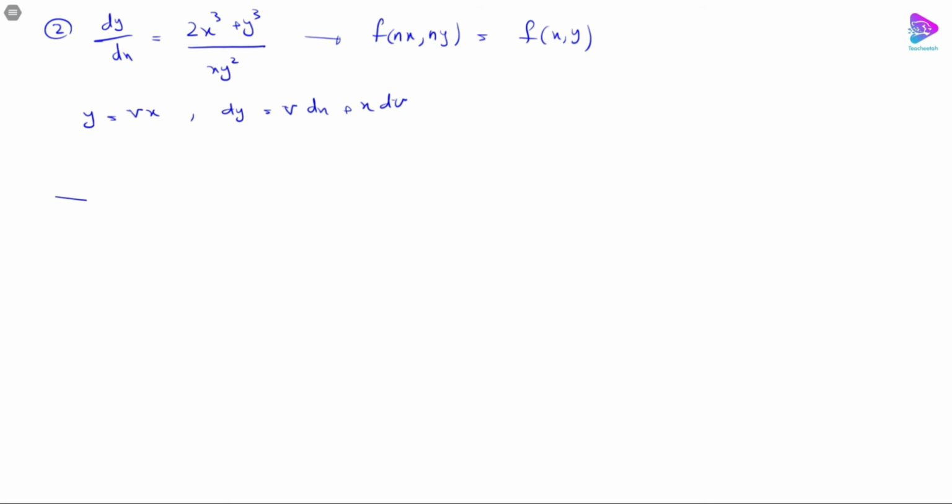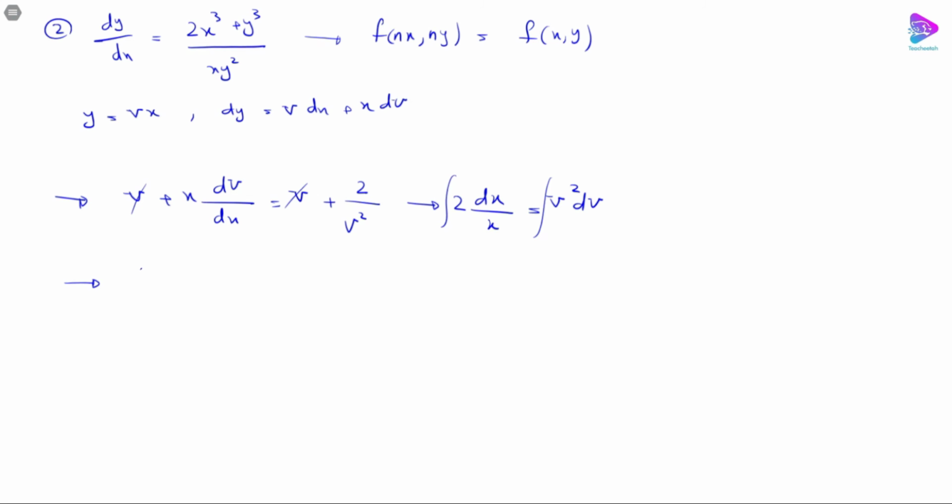Doing so, you will get to this point. v plus x dv over dx is equal to v plus 2 over v squared. And from here you'll see that it's 2 dx over x equal v squared dv. We can integrate, correct?